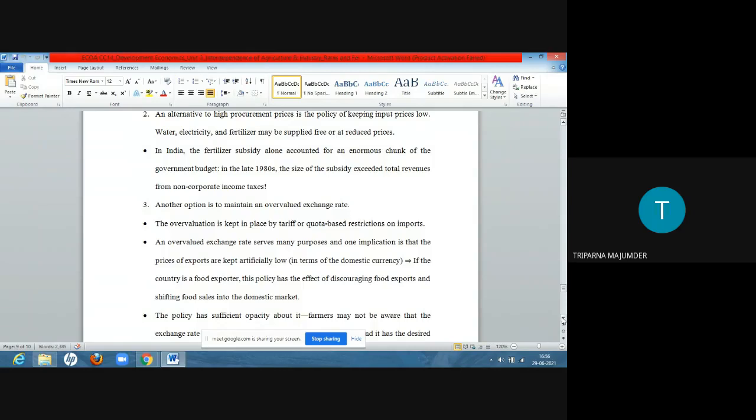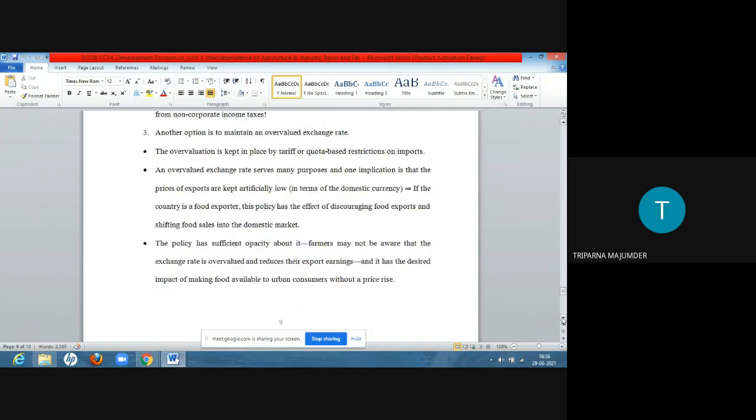An overvalued exchange rate serves many purposes, and one implication is that the prices of exports are kept artificially low in terms of the domestic currency. What does it imply? If the country is a food exporter, this policy has the effect of discouraging food exports and shifting food sales into the domestic market.